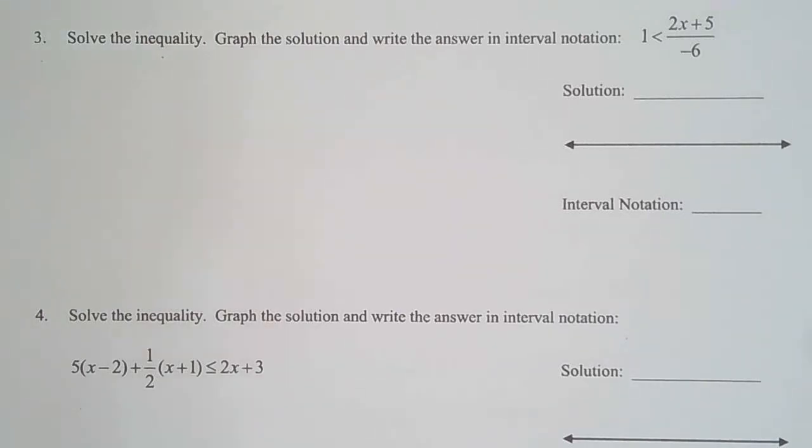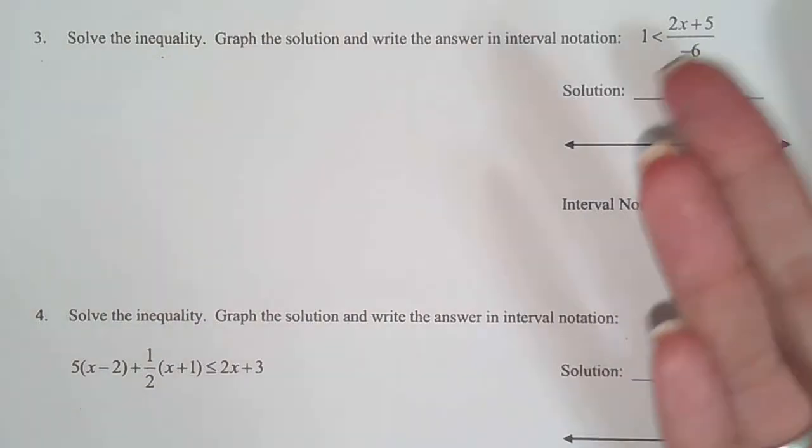We're ready to start page 6 of our 1.4 notes. So this one looks a little strange, I think. When I look at it, the first thing my brain says is, I don't like having the X on that side. I like having the X on the left.